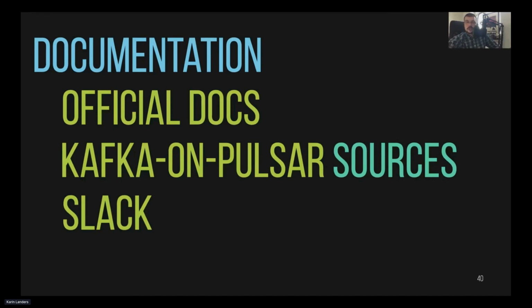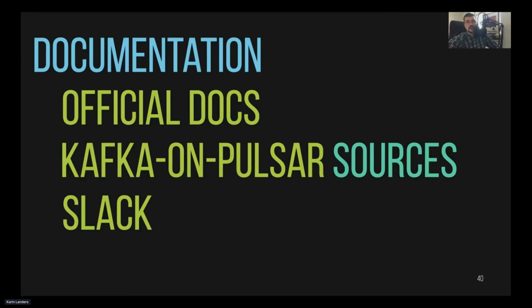Documentation itself is not really sufficient to write good code, and I would highly recommend starting with examples. One of the examples, especially when you migrate from Kafka to Apache Pulsar, could be Kafka on Pulsar sources.